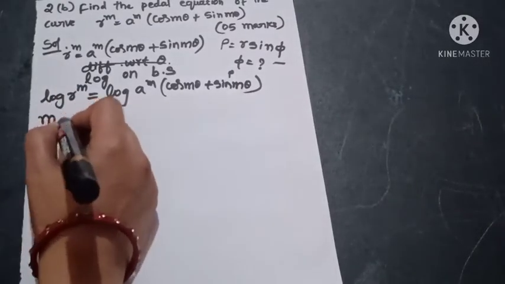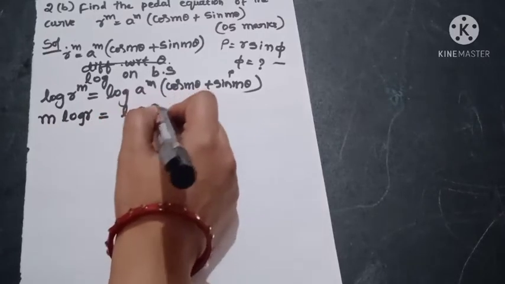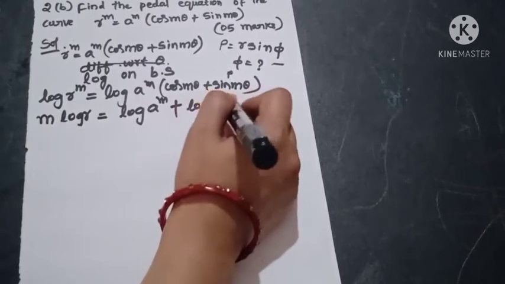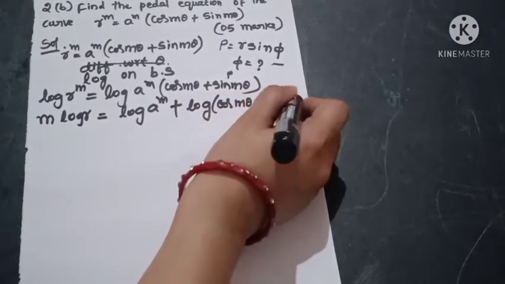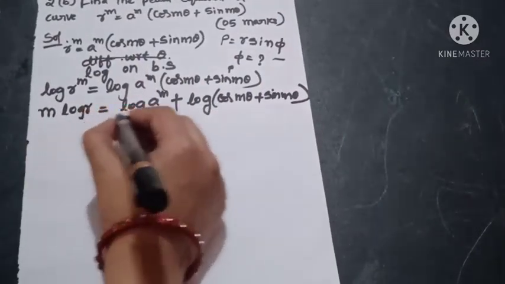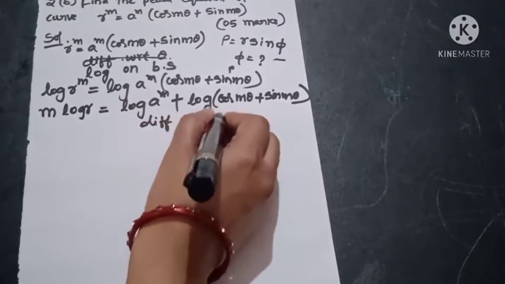So m log r is equal to log a to the power of m plus log of (cos m theta plus sin m theta). By property, this reduces to this form. Now we'll differentiate with respect to theta.